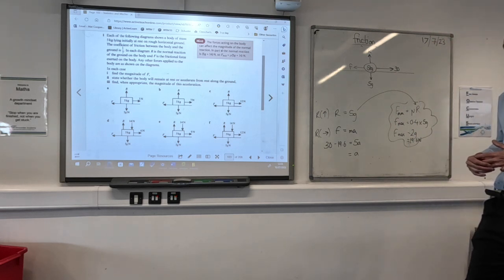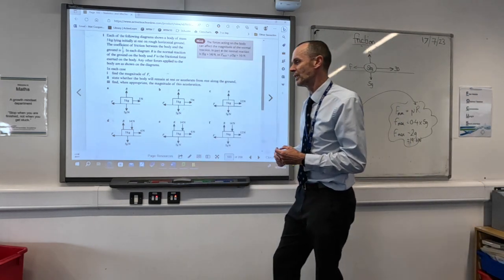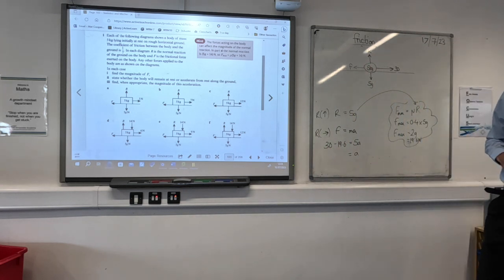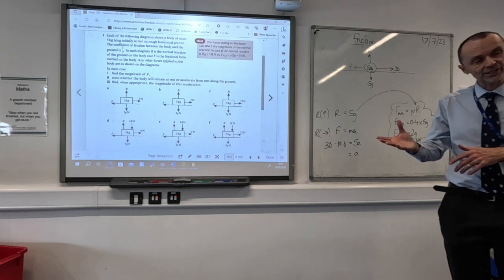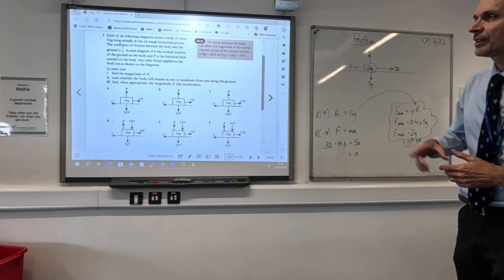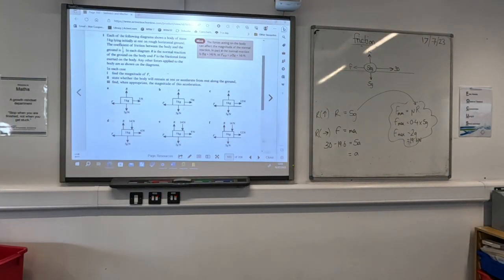And the first few are quite straightforward, but then when you get to D, it gets a little bit more complicated because you've got other forces acting vertically, so R won't just be equal to 5g, and if R is different, it means that F max is different. Coefficient of friction is 1/7, so that won't be different.